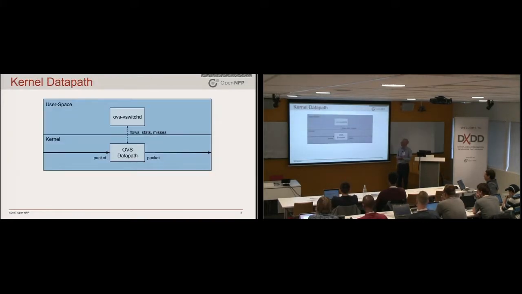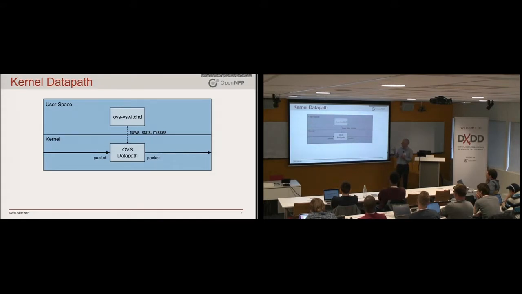So the data path, this is a pretty simple representation of how it works. But at the bottom we have the kernel, where the data path lives. There are other implementations of the data path which may not live in the kernel, but the model is more or less the same: the OVS data path is a cache.